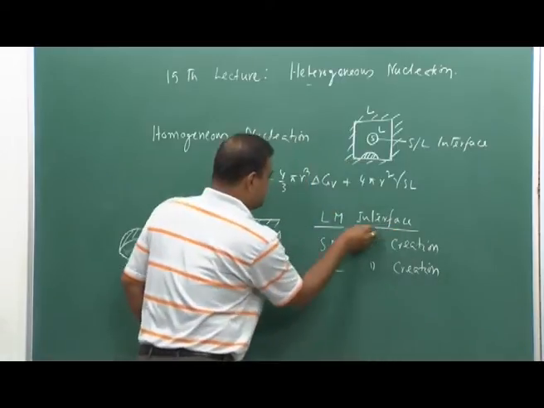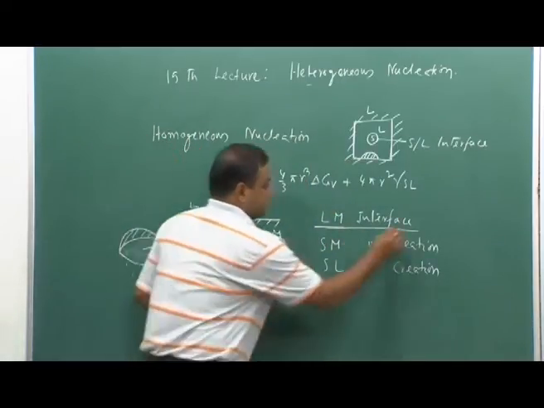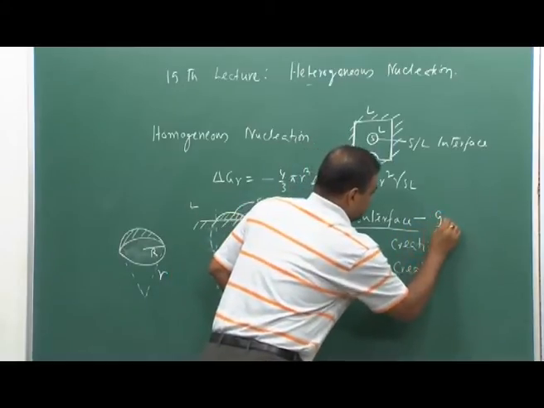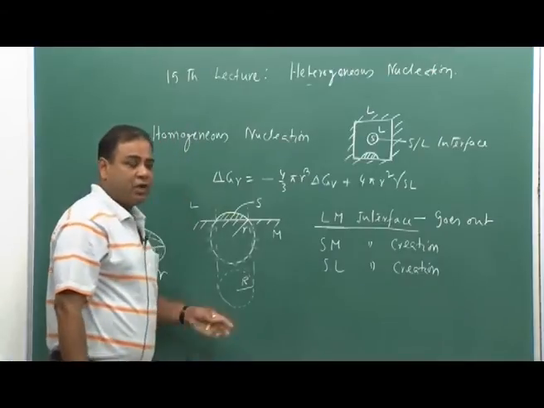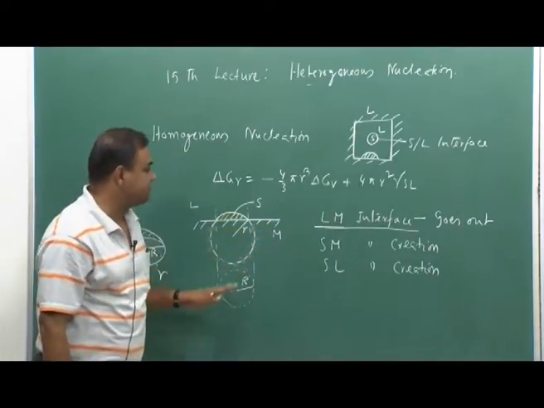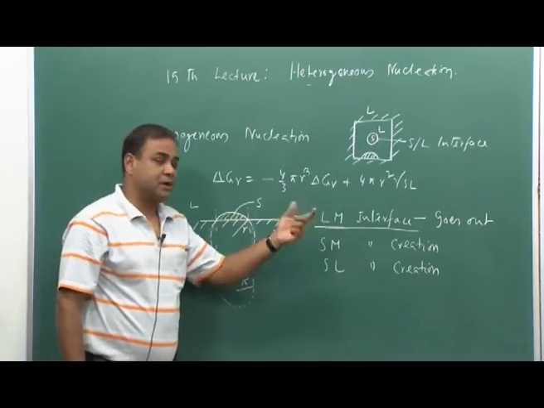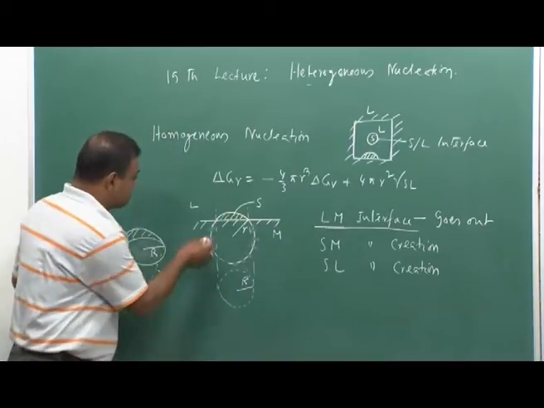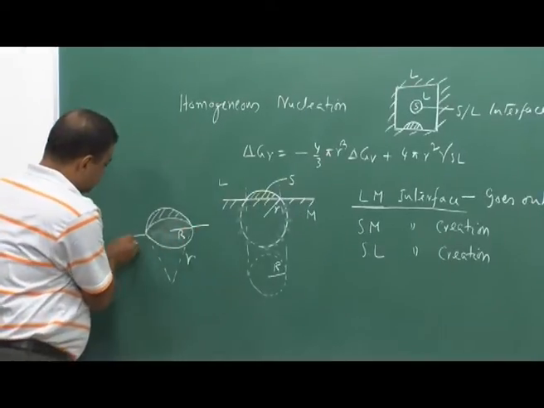Now, what happens to the interface within this zone? That is destruction. It is destroyed. So, in this situation, two interfaces are created and one interface is out, but there is one more interface at this particular junction.